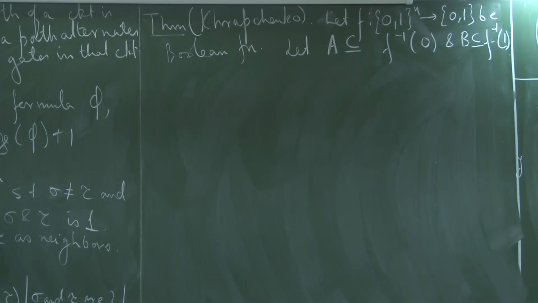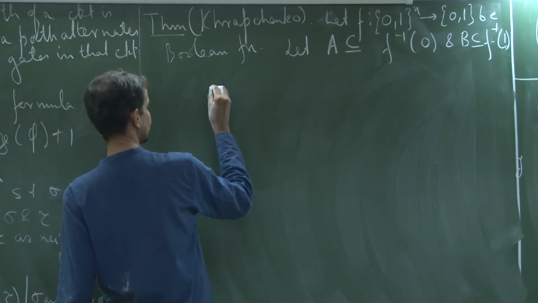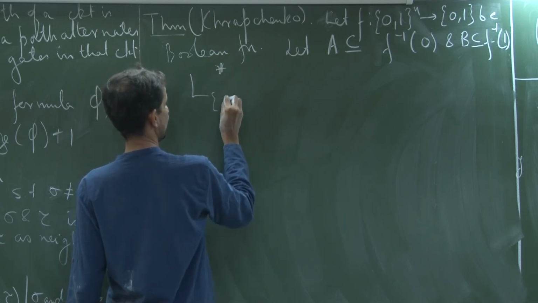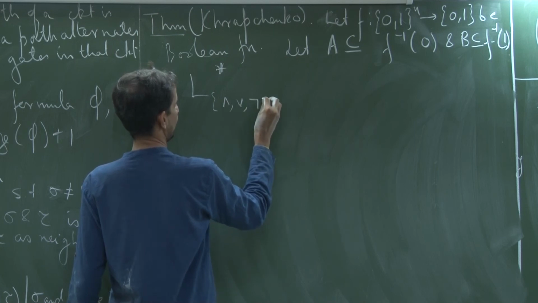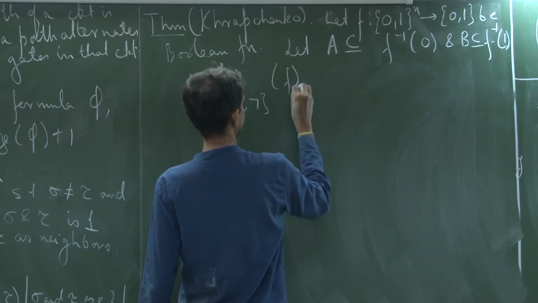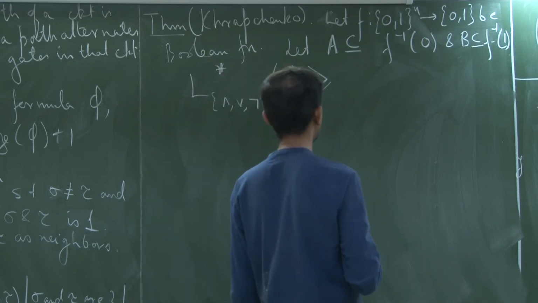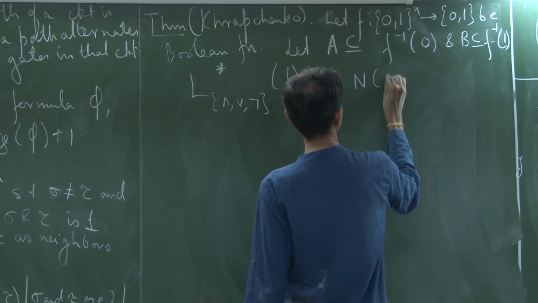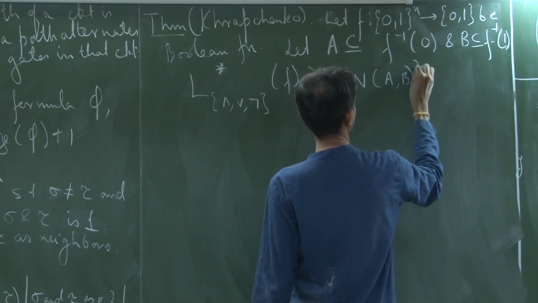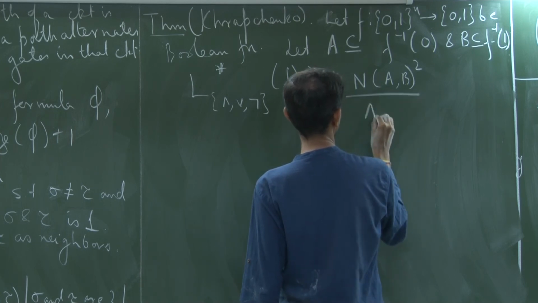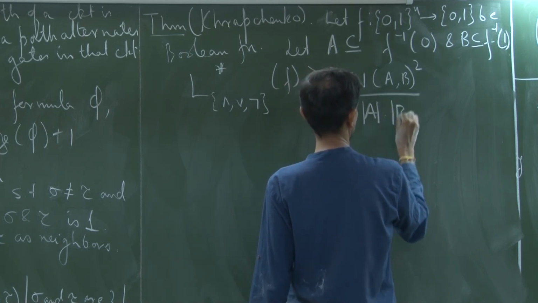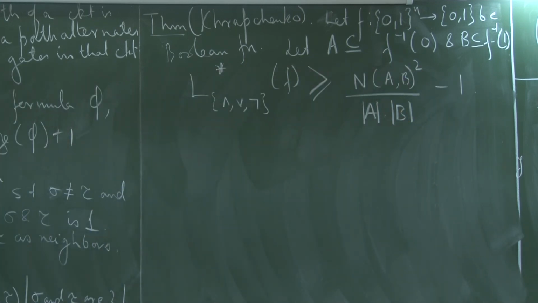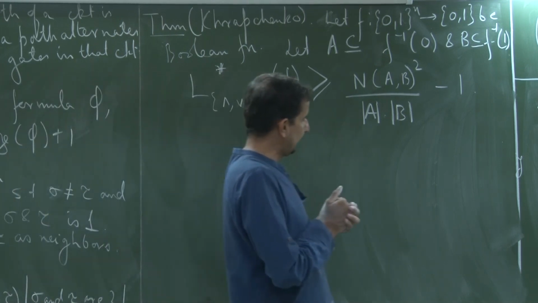Then what Khrapchenko proved is that L star over AND, OR and NOT of f is greater than or equal to n_AB squared divided by cardinality of A times cardinality of B, minus 1. So, let us try to understand this.